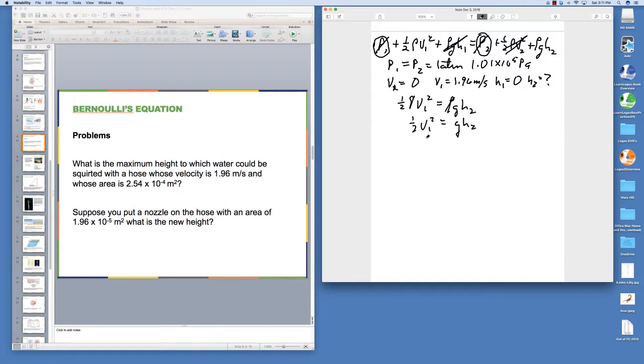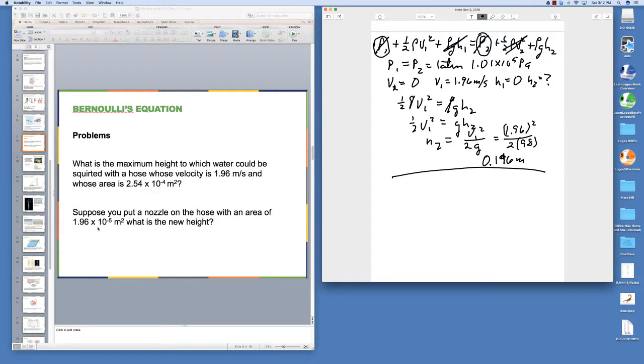And so that means that H2 is going to equal V1 squared divided by 2g, which is equal to 1.96 squared divided by 2 times 9.8. And if you do the calculation here, you get 0.196 meters. So not real high.